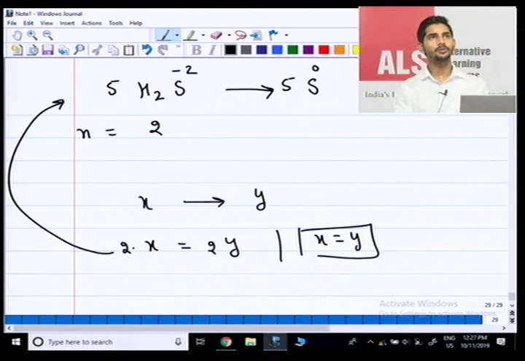Is this question clear to you? 102? Or do you still need some more clarification on this one? Do I need to use the unitary method as well to solve that question?